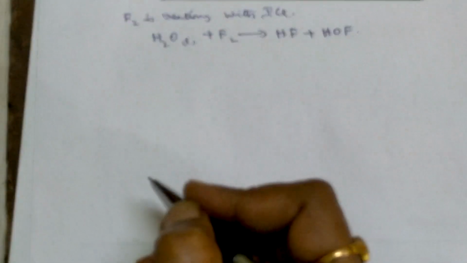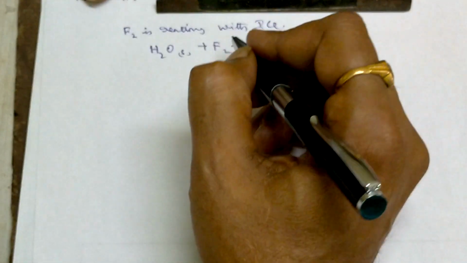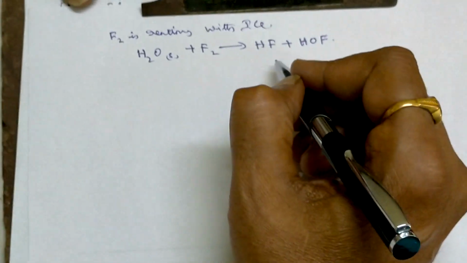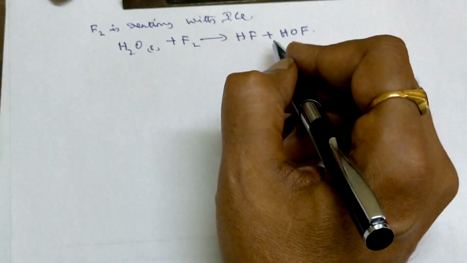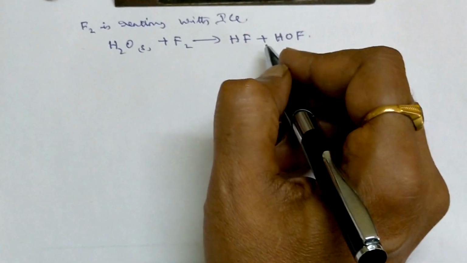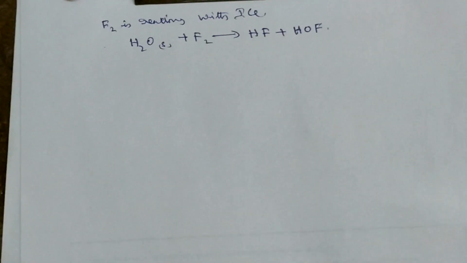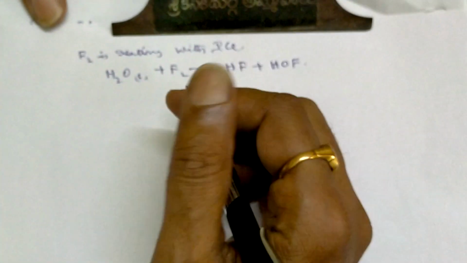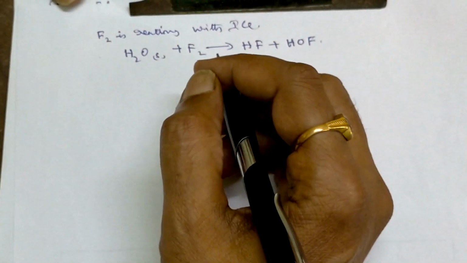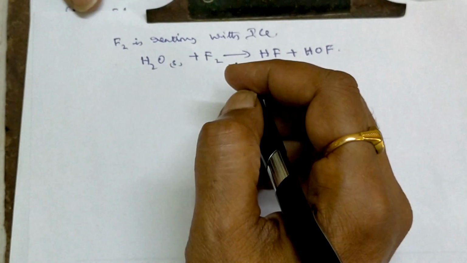These two are the products. Now you tell me whether it is a redox reaction or not. If at all it is a redox reaction, how can you justify? That will be very complicated, a more tricky question.